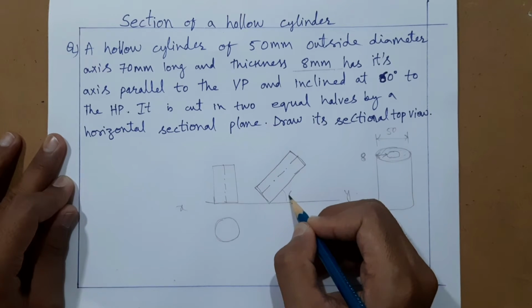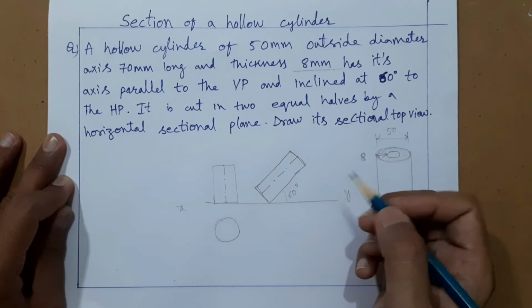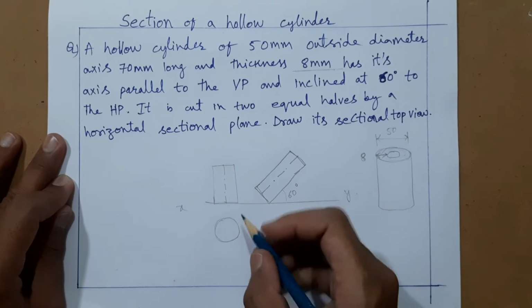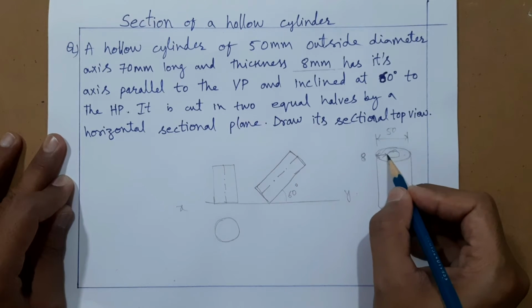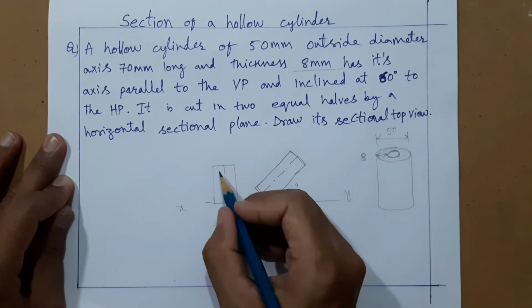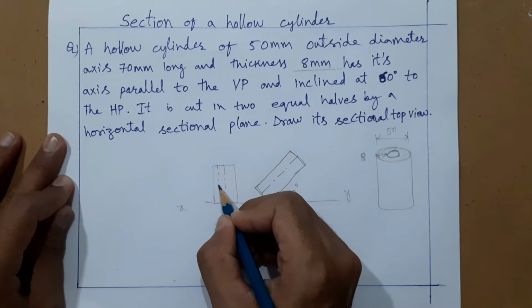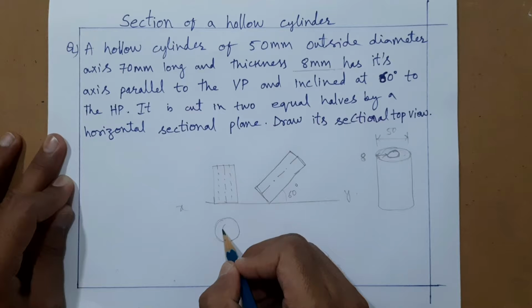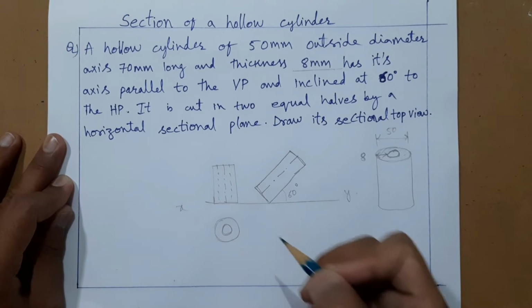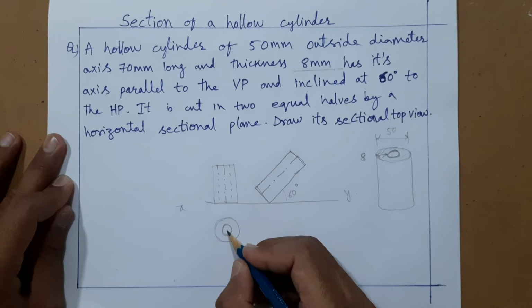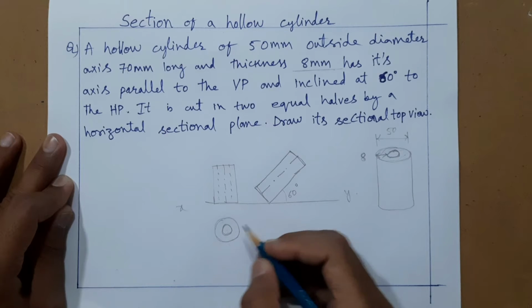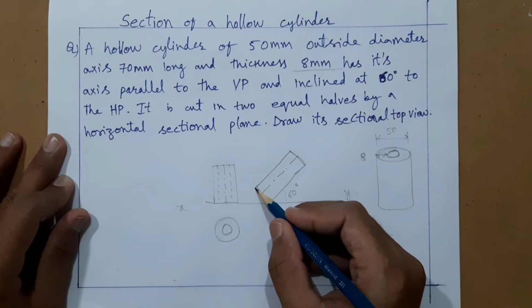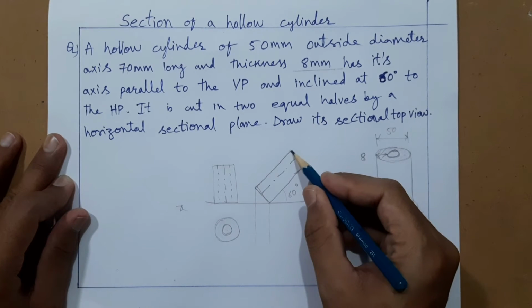Say this angle is something 60 degree approximately I have taken. As this is a hollow cylinder, inside another cylinder is there, so here you will be getting hidden edges and here is the top view. From top if you see, it's a hollow one, hole is there, this is the material. So top view you have to draw for this by projecting.